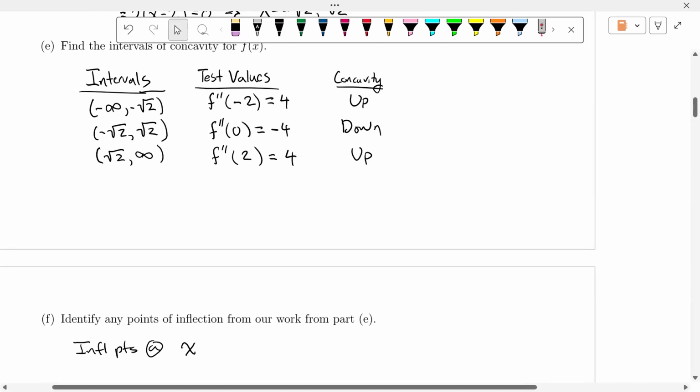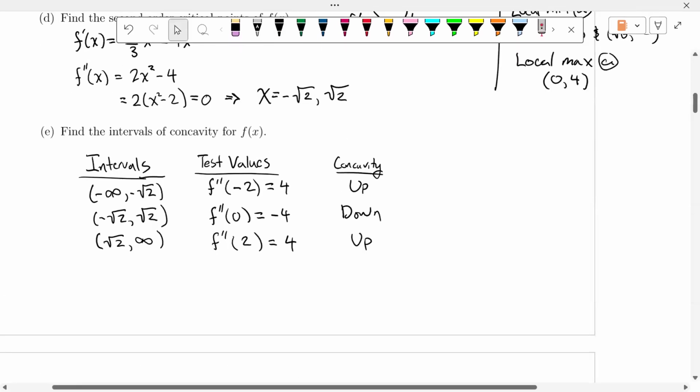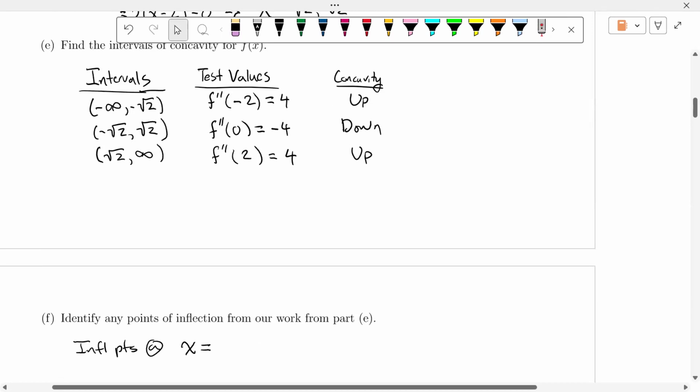What is an inflection point anyway? So I want to remember what those are. Yeah, flips concavity, right? And they can only happen at the second order critical points, right? So the potential places for inflection points are -√2 and +√2. Are there inflection points there?